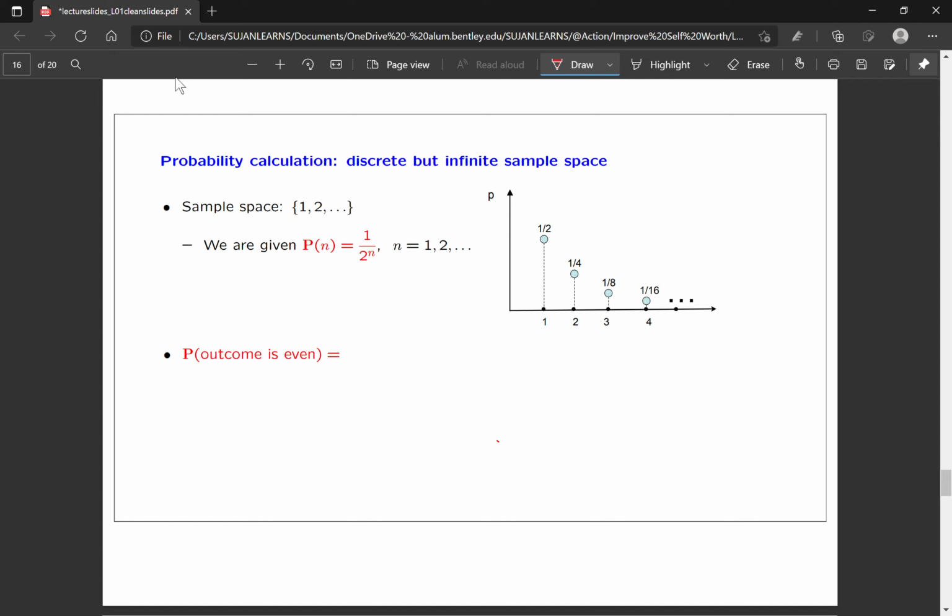We can get a head in the first toss, we can get a head in the second toss, and this can go on an infinite number of times. Therefore, we have a sample space where the number of tosses can range from 1 to infinity. This is our sample space.